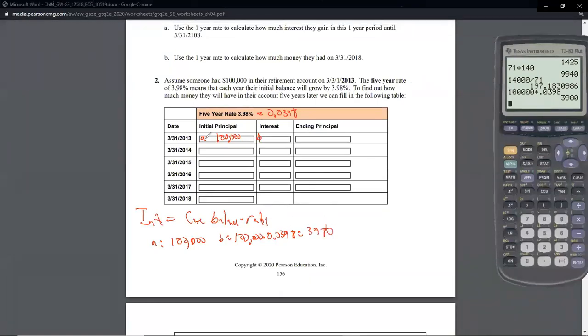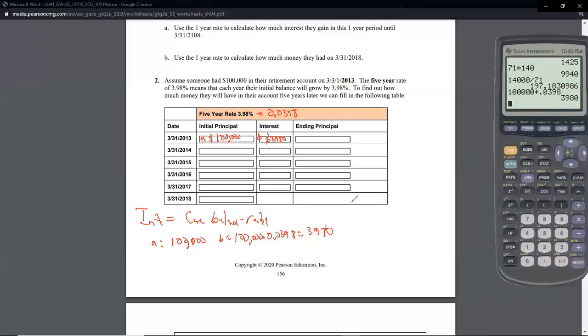3980. So the amount of interest, and these are in dollars, would be 3980. That is the amount of money Bob just got for free by having $100,000 sitting in an account for a year. So again, this money was sitting in the account for a year. So on this date, they're going to compound their interest. They're going to gain their interest. So the SunTrust or BB&T or whoever, they take this $4,000, they deposit it in their account.